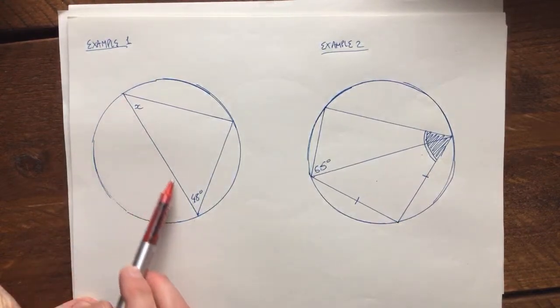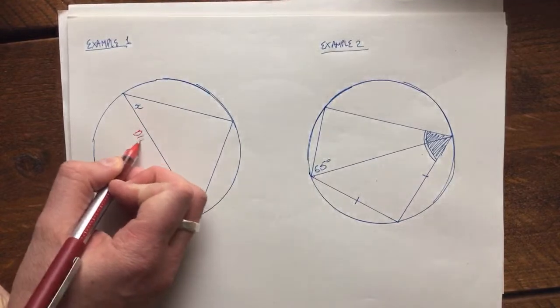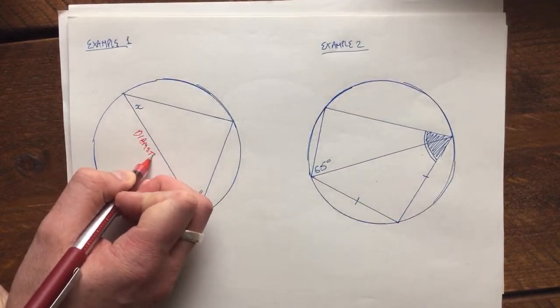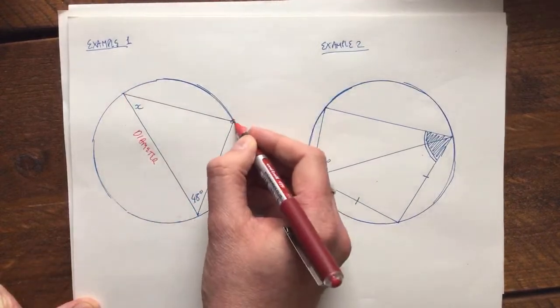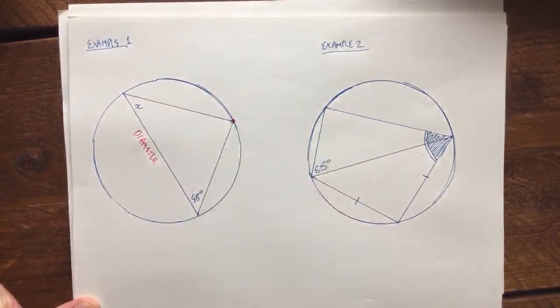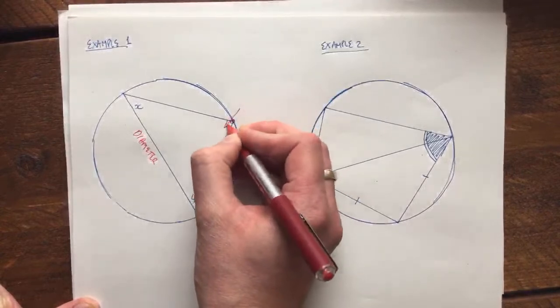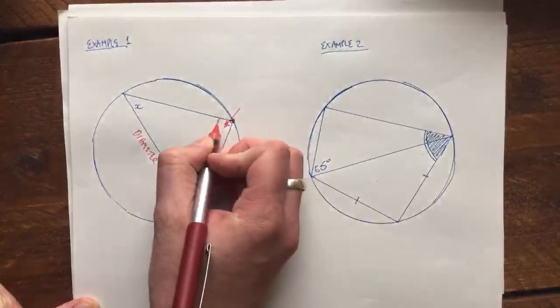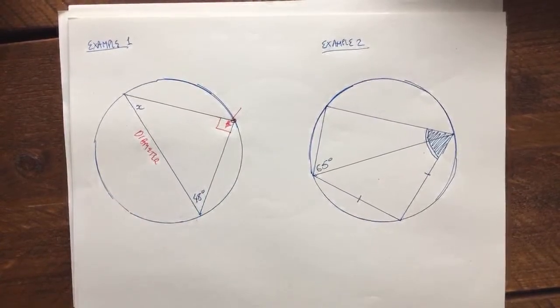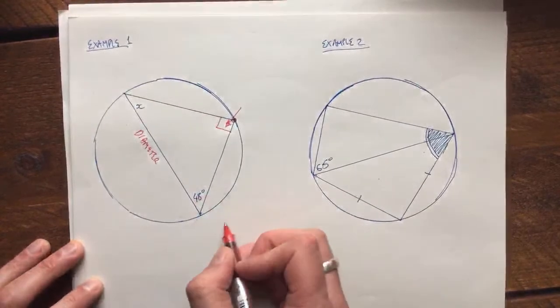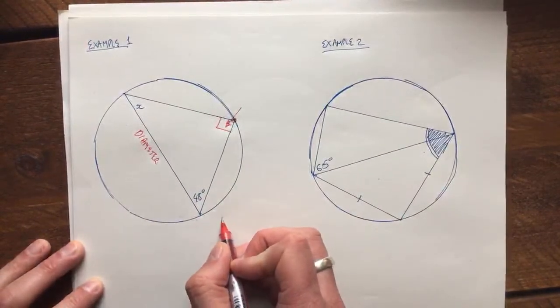So we have the diameter coming across here, and then from each side of the diameter it goes out and meets the circumference. That tells us in here that has to be a right angle of 90 degrees. Now we are just looking at a triangle, we don't need to worry about the circle anymore, and we know the angles in a triangle add up to 180.